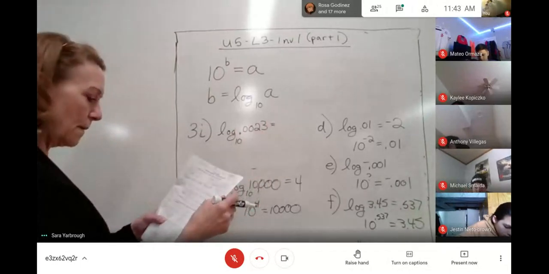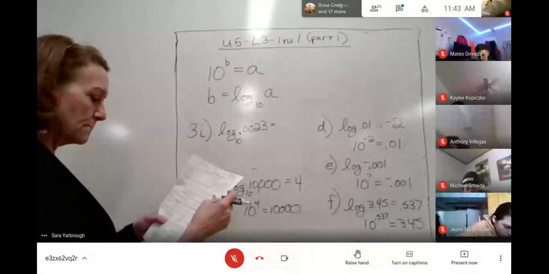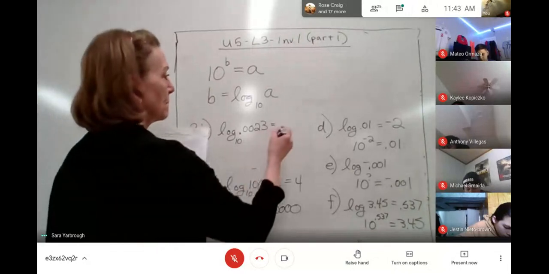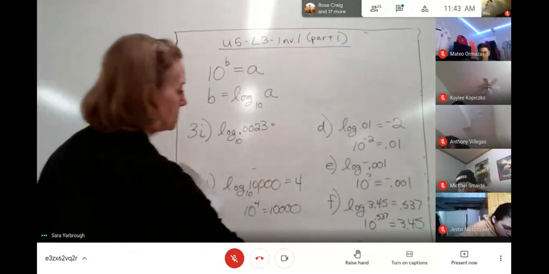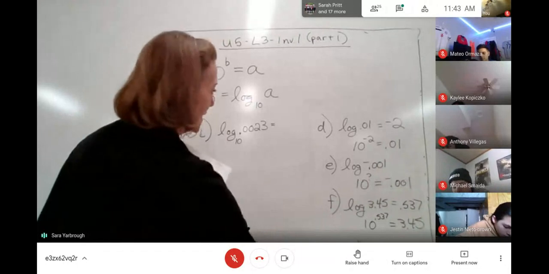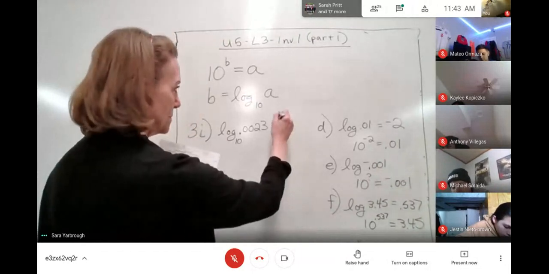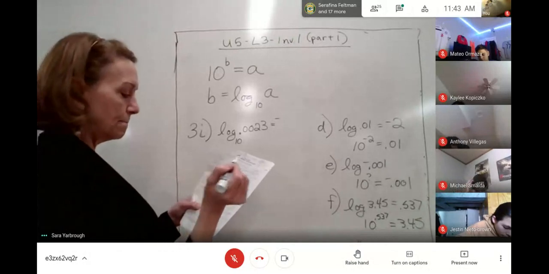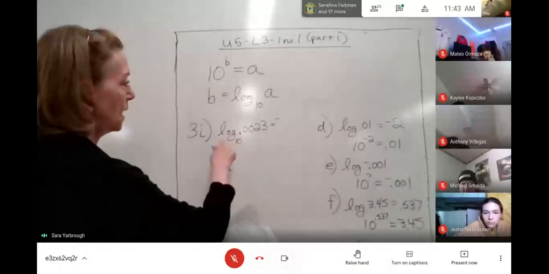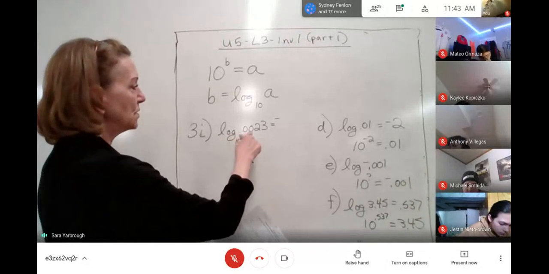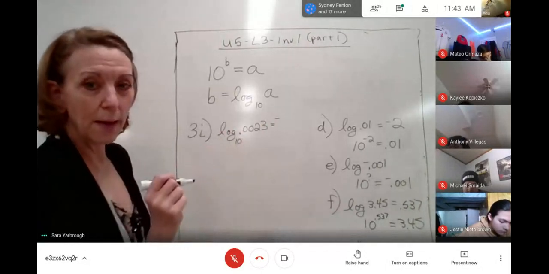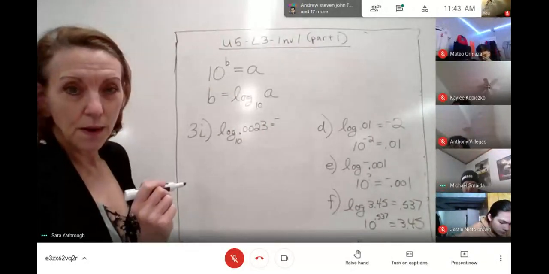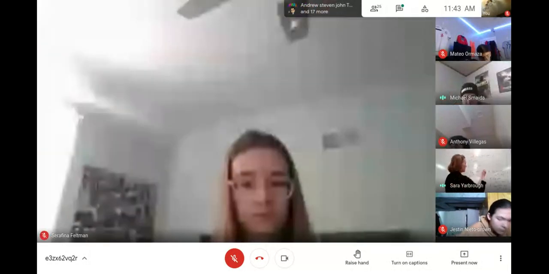Get that number. What do you get? It's going to be negative something. Log of 0.0023. What do you get? -2.638.